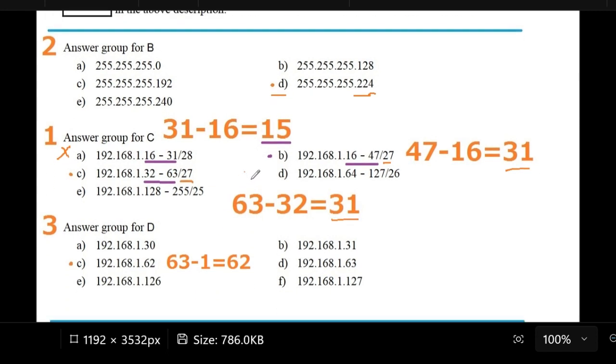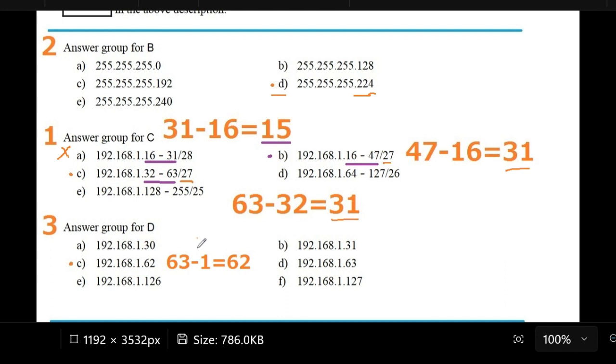Okay, so now that we know what the answer for group B is, we still don't know what the answer for group C is. Still either C or B. We should then move on to the third answer group for D.